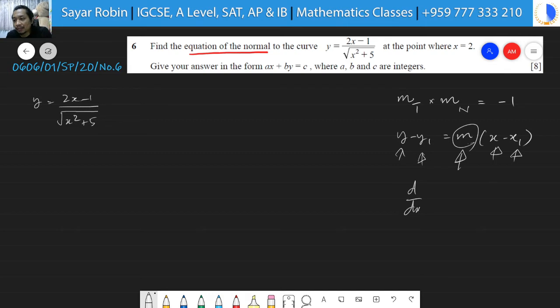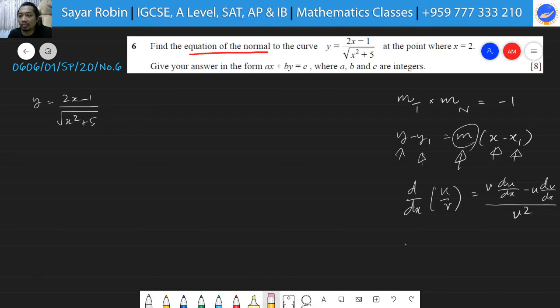d dx of u over v is equal to v du over dx, minus u dv over dx, all over v squared. It's divided by v squared.